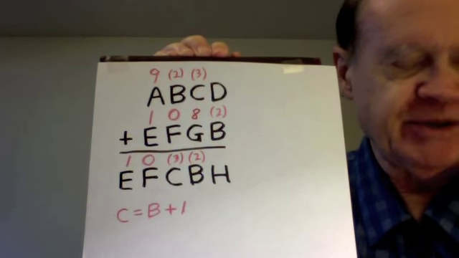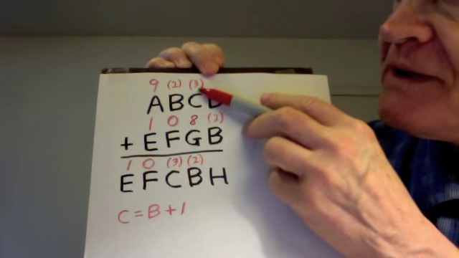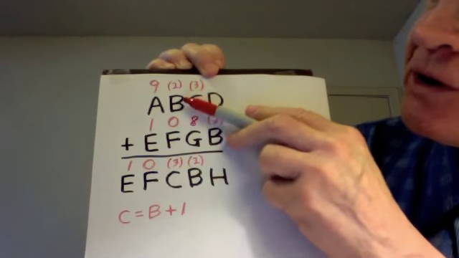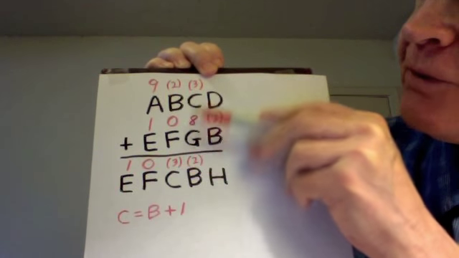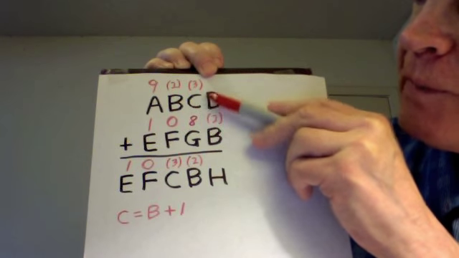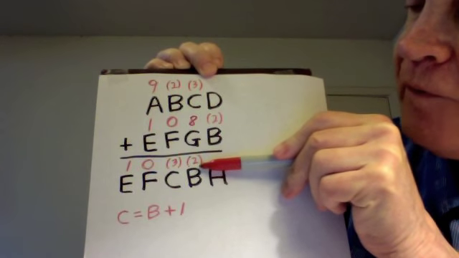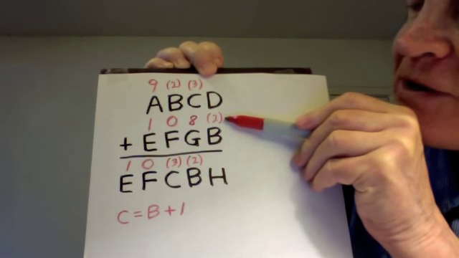Let's imagine that B is 2. I've put this possibility in parentheses. If B is 2, C is 3, so C is 3 here. 3 plus 8 plus 1 carried from here makes 12, so B is 2, but this B is 2.